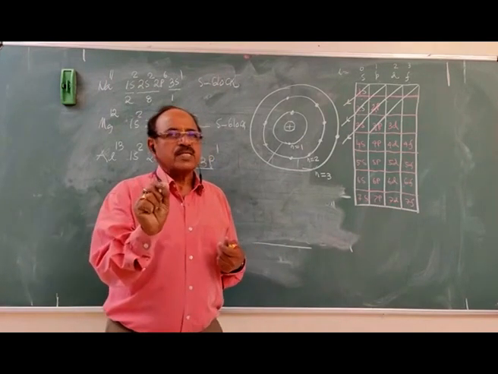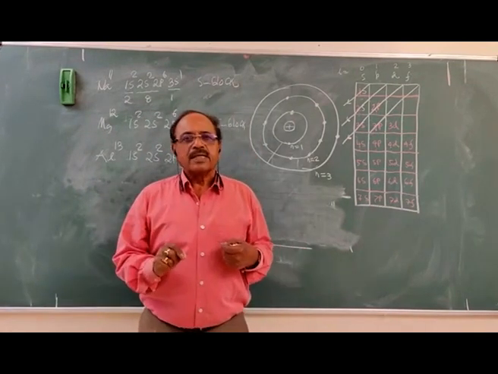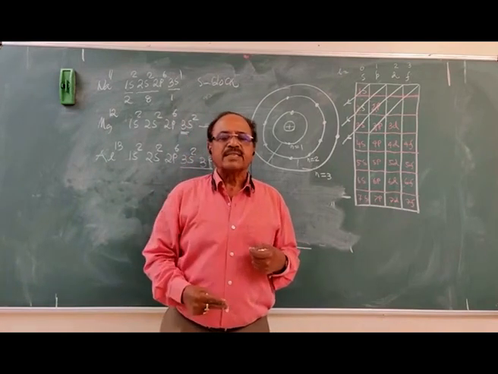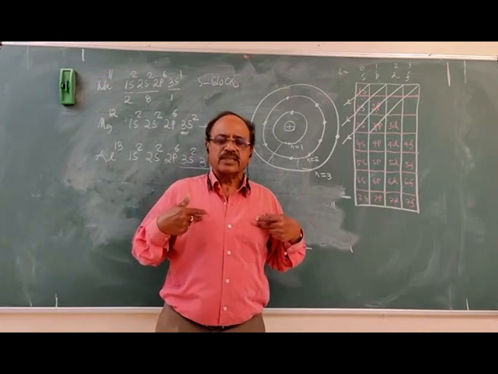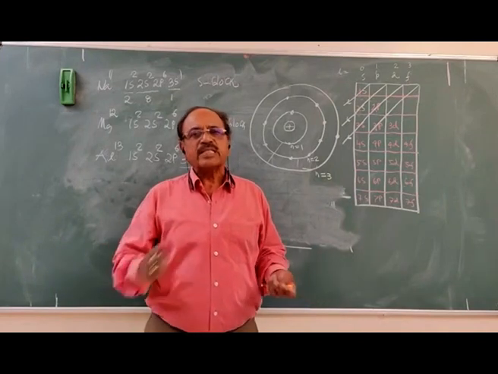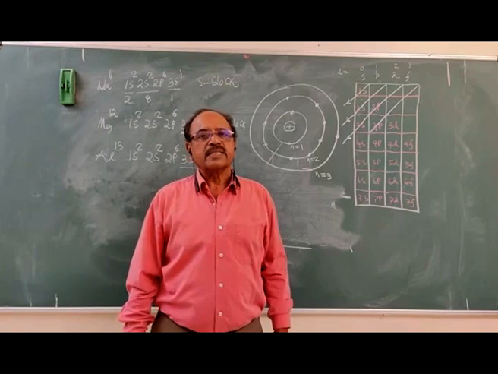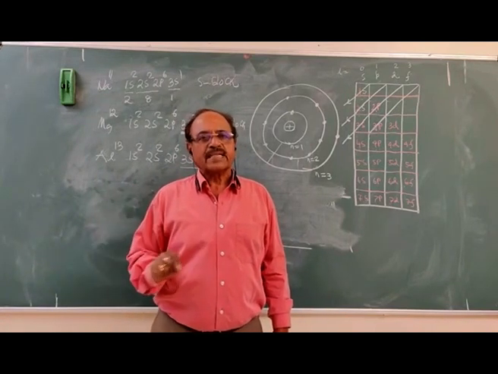Children, my friends, those of you who have read chemistry or those of you who are reading chemistry, please don't get confused with the 2 words. One is called valency and the other is called valency state. Most of us, the teachers who teach chemistry, do not distinguish valency from valency state. The moment you come to valency state, you write positive or negative.